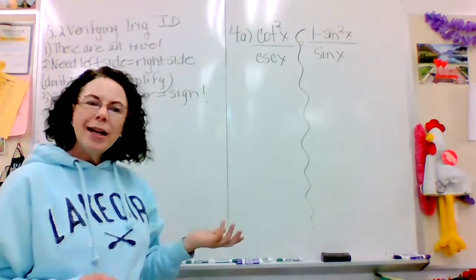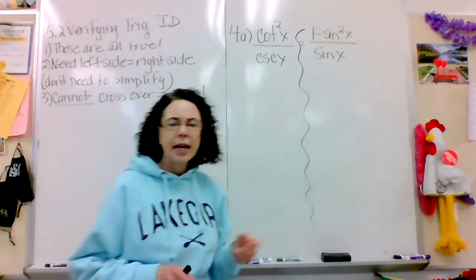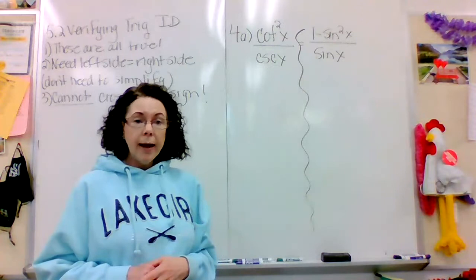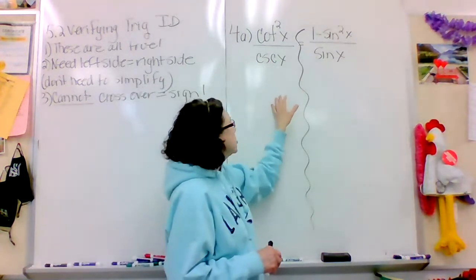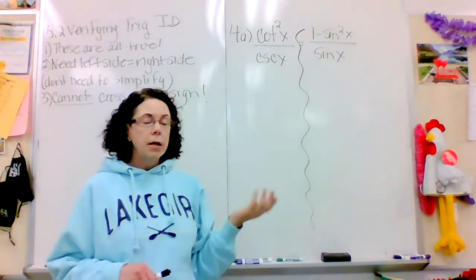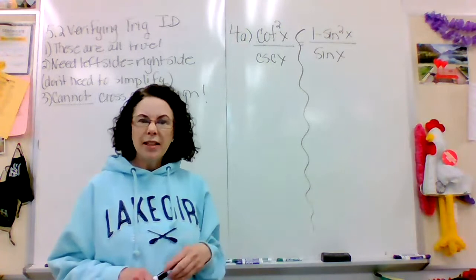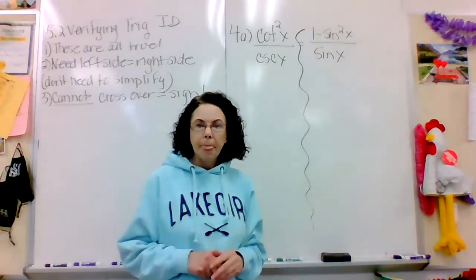Sure, I could. But then I'd have 2 terms on the right and I only have 1 on the left. That's what's kind of fun about simplifying in 5.1 and proving these trig identities in 5.2: there are at least 3 different paths you can take on each problem, basically. Okay.